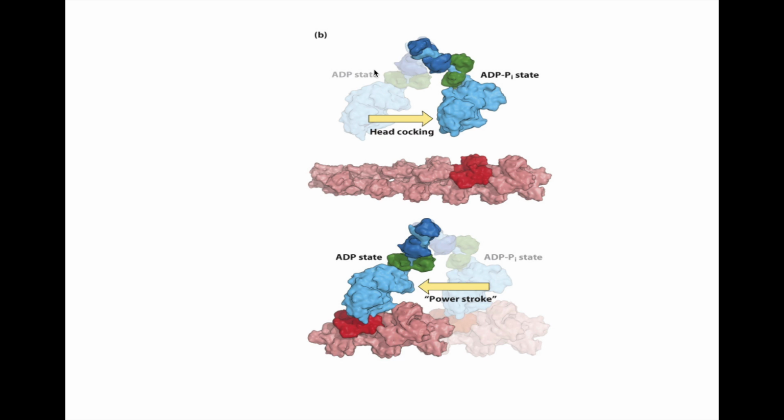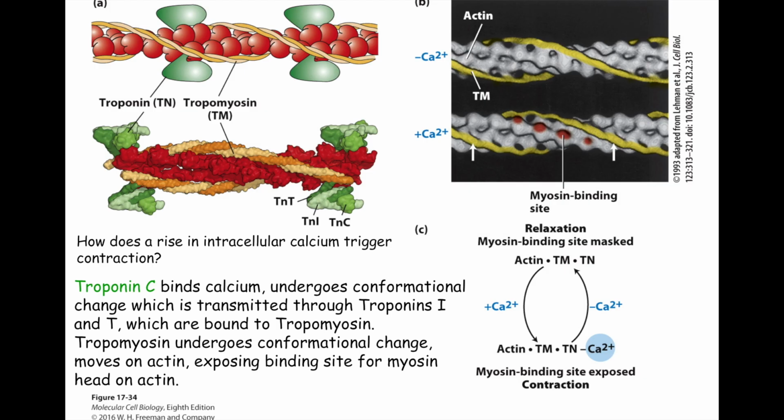ATP gets split to ADP and P, but ADP and P stay bound. It cocks its head forward and it looks like this. And then after phosphate is released, it looks like this, relative to the diagram above. So you can see this individual G-actin subunit is the one where it's going to bind, and then that will move to the left side of your screen relative to where it was in the power stroke.